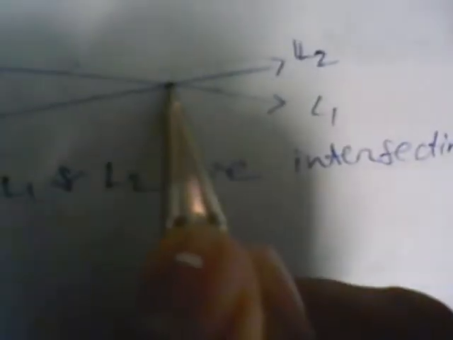Here L1 and L2 are intersecting. This is the point of intersection. It is the case of intersection.